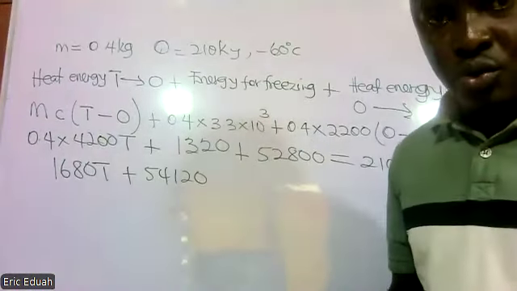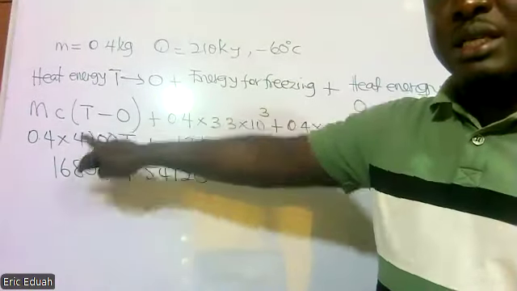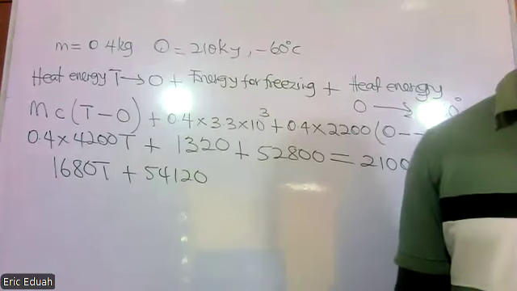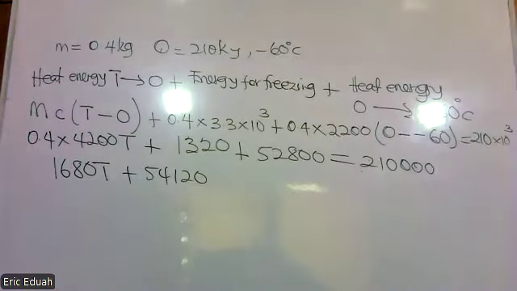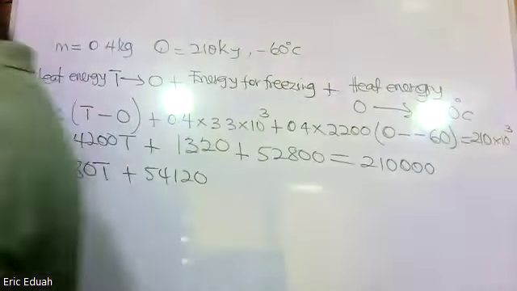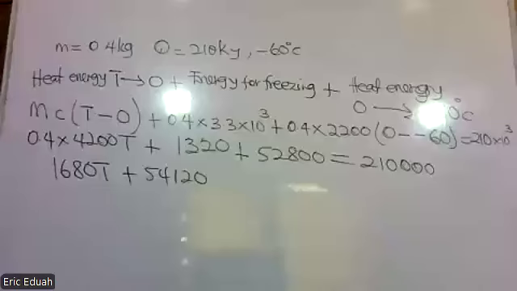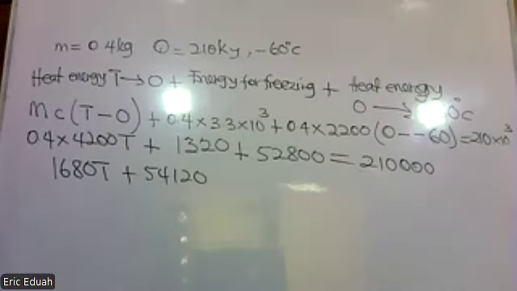So the initial temperature of the water on Earth is represented as T. Are you okay? Okay. So it's because we don't know, and that is what we are asked to calculate for. And so we represented that by the letter T. I hope that's fine. Yes, sir.